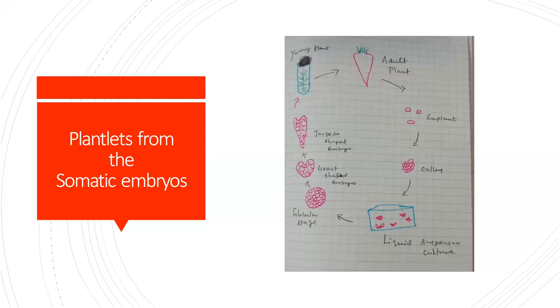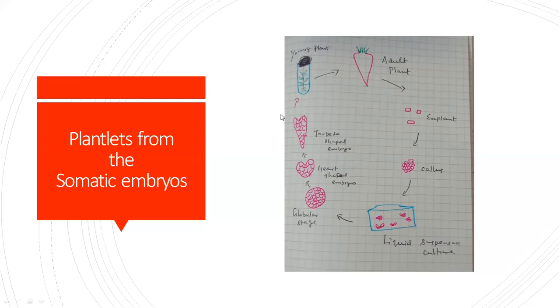Sexual recombination takes place only in zygotic embryo because the zygote is the end product of sexual reproduction. And somatic embryogenesis is a powerful tool for increasing the pace of genetic improvement of commercial crops.